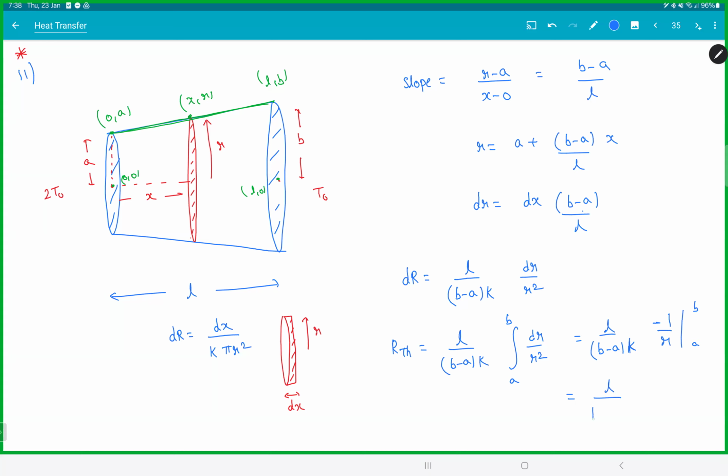Simplify this. You will get L by k pi ab. B minus a cancels out. I can show you that. This would be b minus a by ab. There, you get a pretty neat answer. R thermal is L by k pi ab. The answer looks as if the area is the geometric mean of A and B, pi ab. It looks like that.